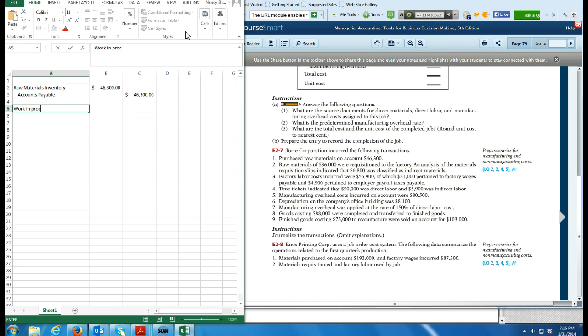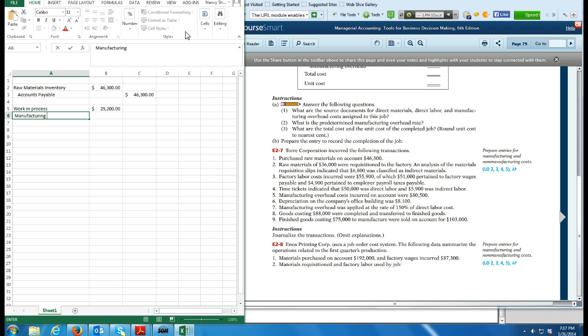So our work in process is going to be the $29,200, because we know $36,000 of it was requested and $6,800 of it is going to be manufacturing overhead.